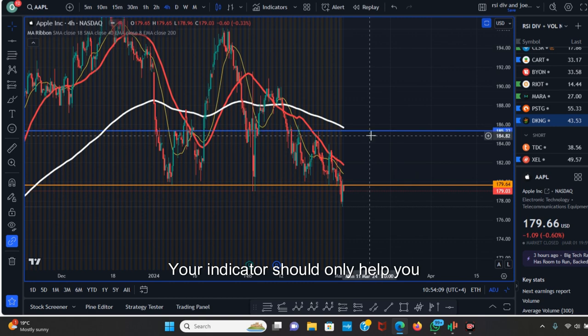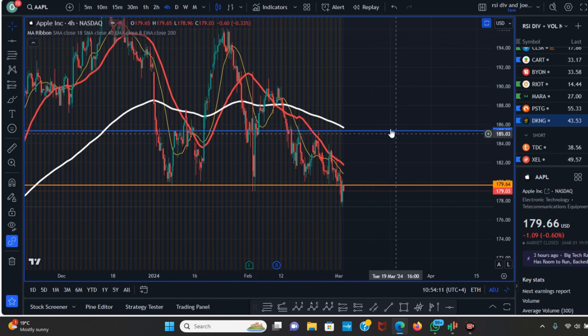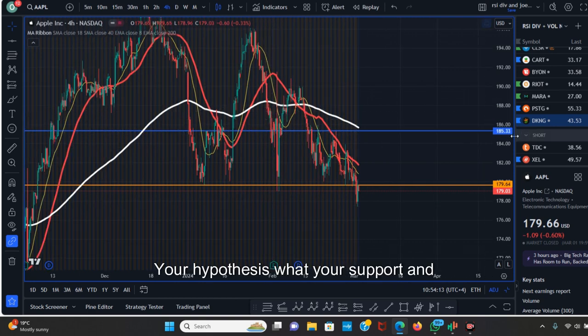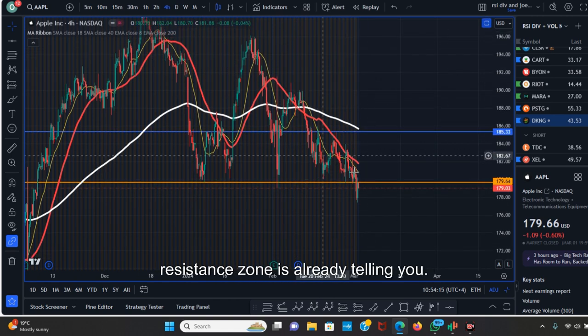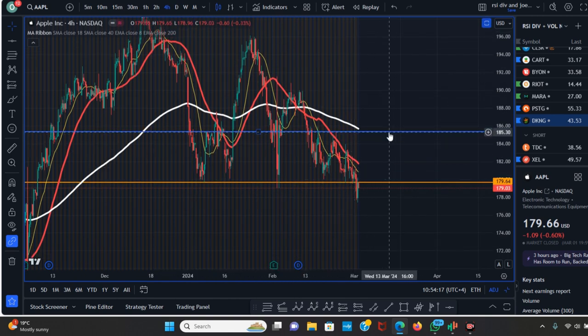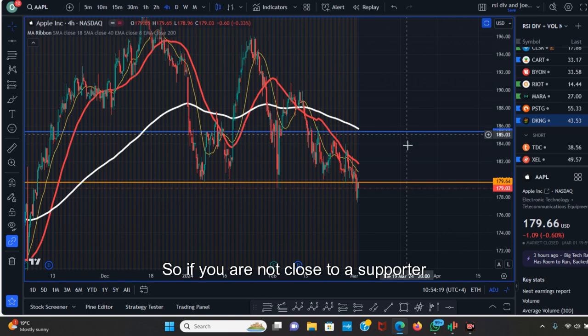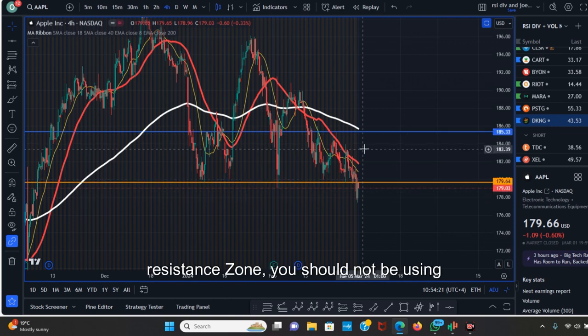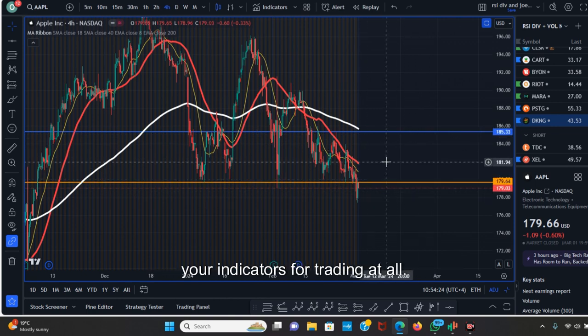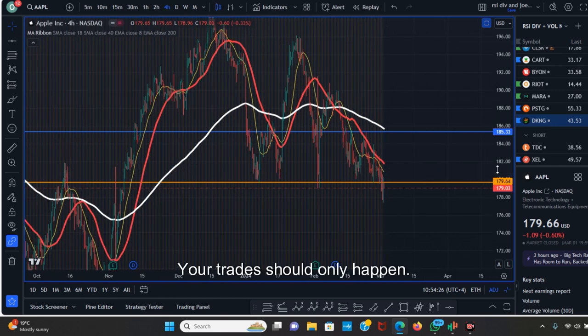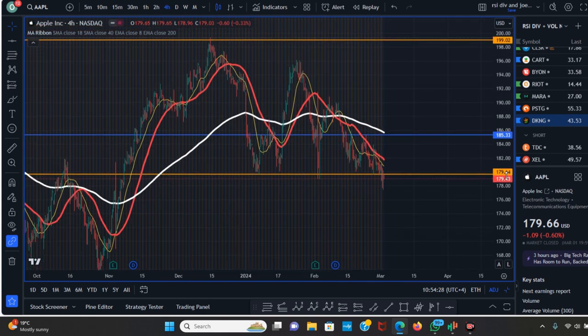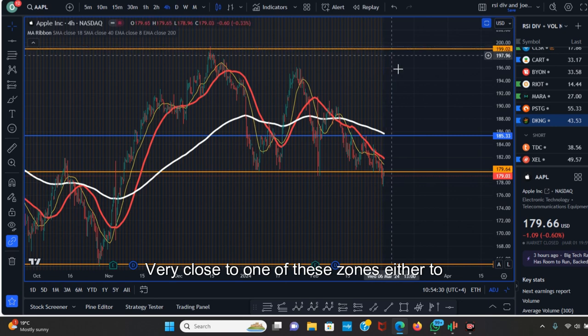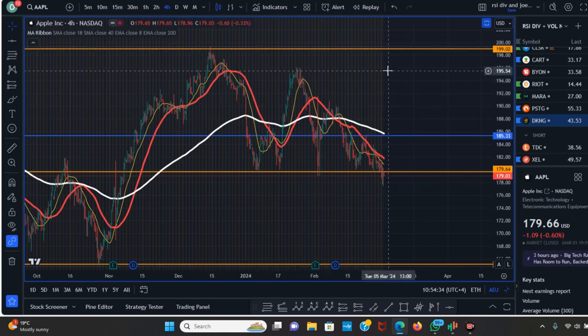Your indicator should only help you confirm your hypothesis, what your support and resistance zone is already telling you. So if you're not close to a support or resistance zone, you should not be using your indicators for trading at all. Your trades should only happen very close to one of these zones, either to go long or to go short.